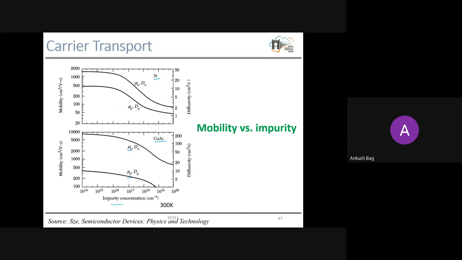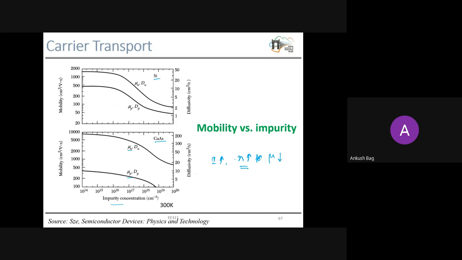Just think, to get high current we can increase the number of carriers. But if we increase the number of carriers, or dope our semiconductor highly, our mobility is now decreasing.